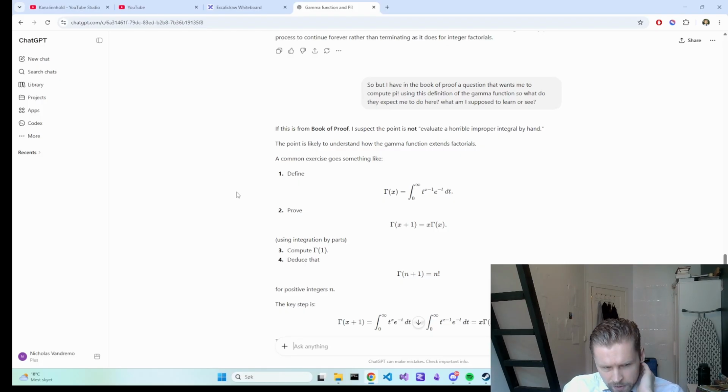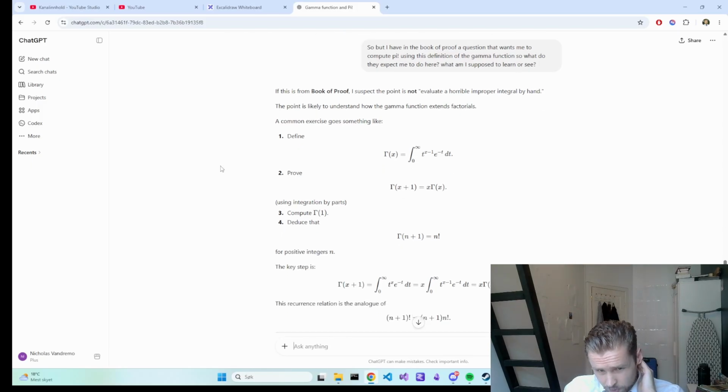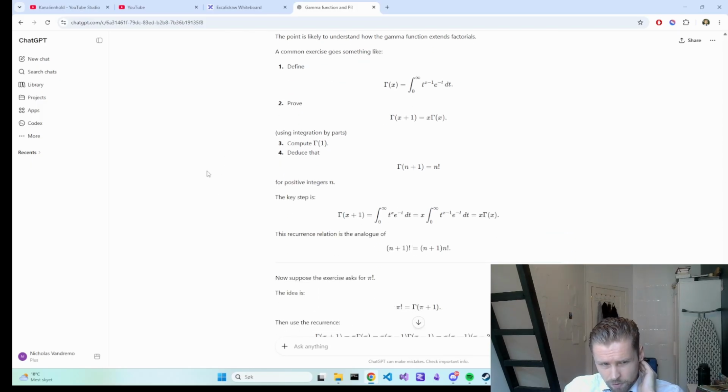Define, prove using integration by parts, compute gamma of 1, deduce that gamma of n plus 1. Then the key step is gamma of x plus 1. Yeah, we got it. Wait a minute. Now what is this? Gamma of x plus 1, that's equal to x times gamma of x, which is equal... how is that equal to that? x would be a variable. Would this rule apply?